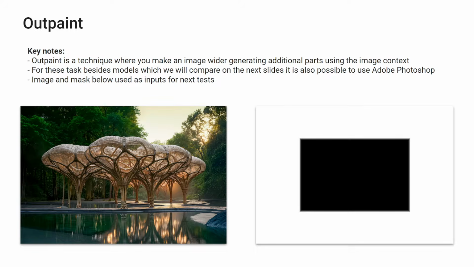Even the generative expand feature, implemented maybe a year or two ago in Photoshop, can be used for these tasks. The only thing is that it's not that good in quality, but if we use models like SDXL or Flux, you can achieve really nice results.